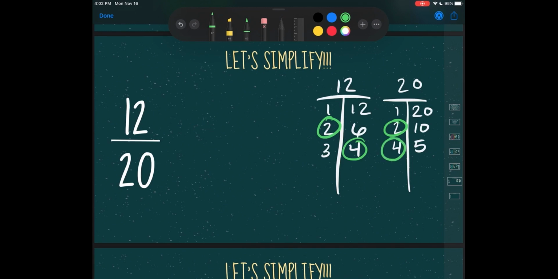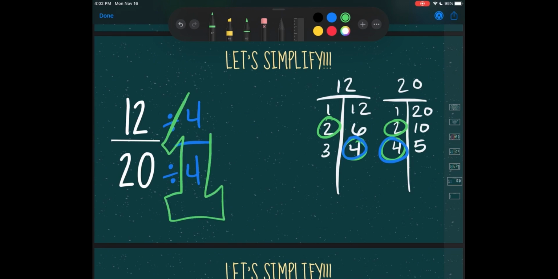So I'm going to look for all their common factors. They've got 2, 4, and that's all they've got in common, right? So the greatest of those 2 is going to be 4, right? Because I could divide both these numbers by 2, but I would still have to end up dividing them again. So I'm going to divide both of my numbers by 4, right?